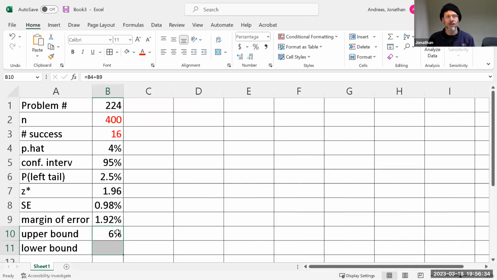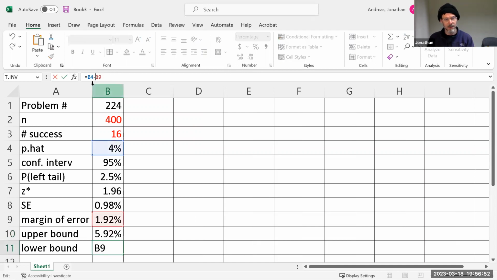And let's expand our significant digits. And then the lower bound is basically the same thing, except you're subtracting. So I'm just going to copy that and paste it in here, and I'm going to subtract this time.